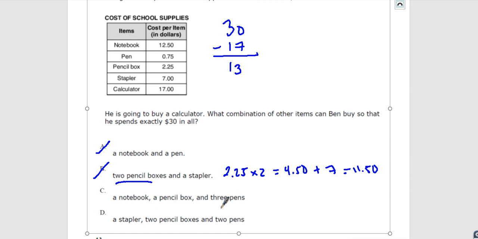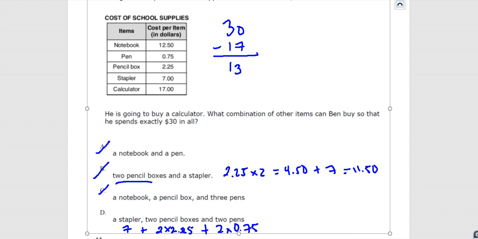A notebook, a pencil box, and 3 pens. So a notebook is $12.50. Again, that's going to be too much. A pencil box, not a chance. So a stapler for $7, 2 pencil boxes, $2.25 each, and 2 pens. So the stapler was $7. 2 pencil boxes is 2 times 2.25, and 2 pens is going to be 2 times 0.75.